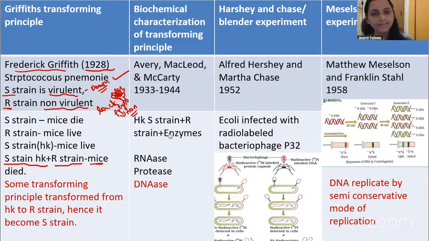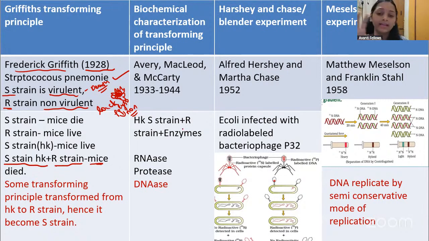Then he observed that something is transformed, something is transferred from the S strain to the R strain. So now the strain became virulent. What is transforming here? So he stopped the experiment there only.